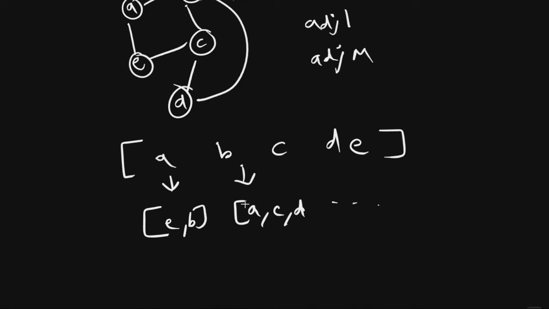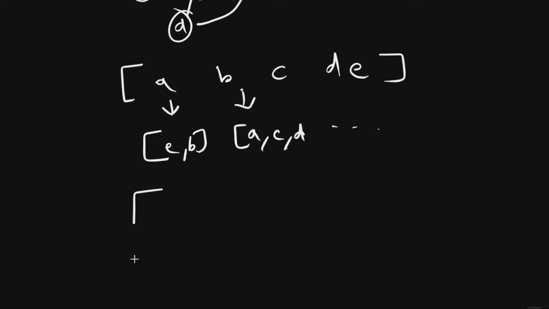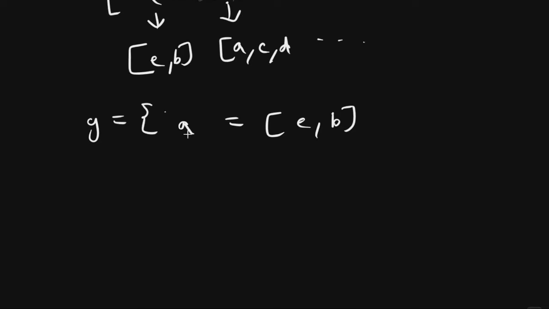So this was a wrong representation. We basically store something like this in hash maps or maps. In Python, we use dictionaries. So it would be like, let's say graph G, and A is equal to a list of E and B. Not equal, this should be a colon.